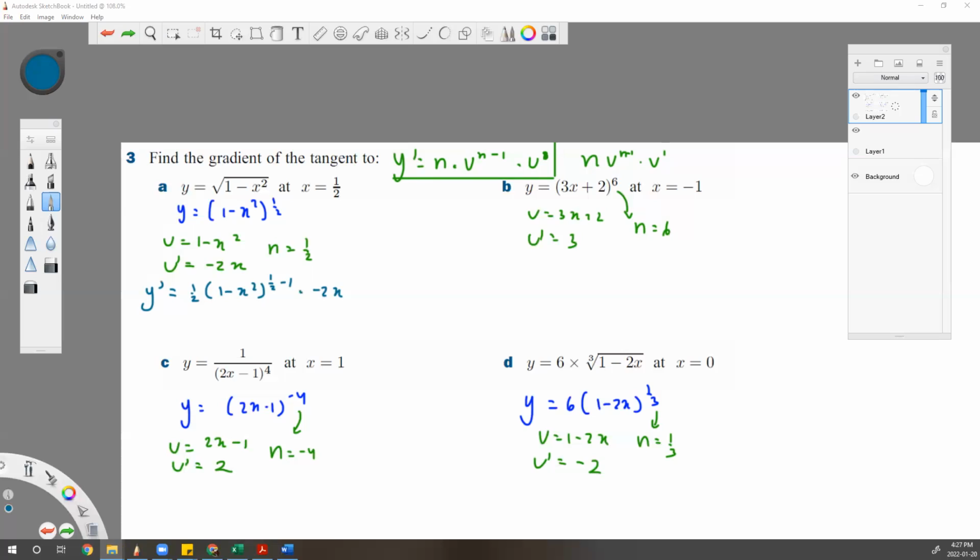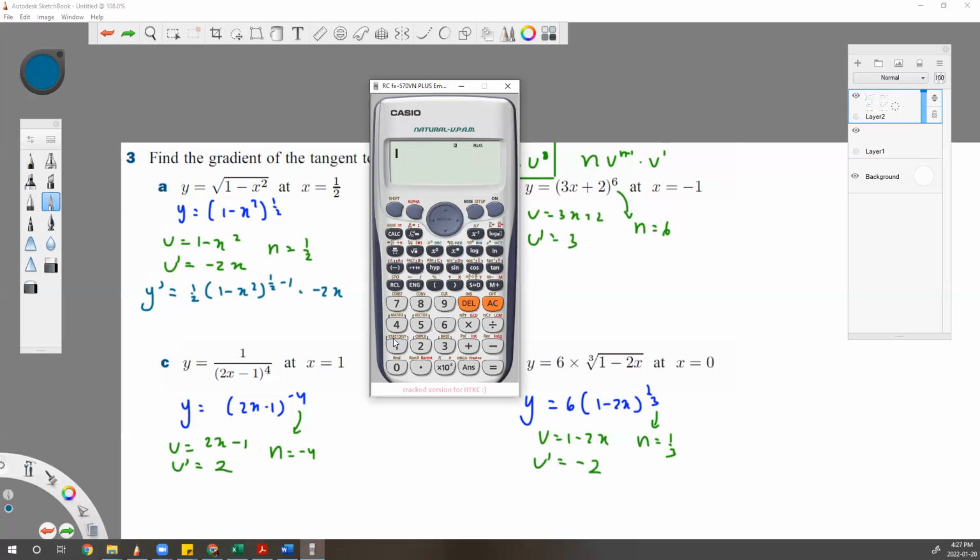Let's do it. I will open the calculator application. You put all the x as half, right? So y'(x) will equal half times (1 minus x squared), where x is half, half squared.